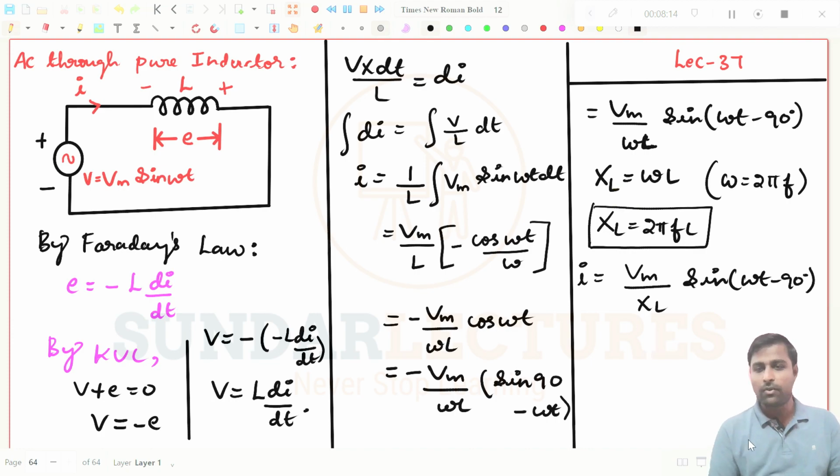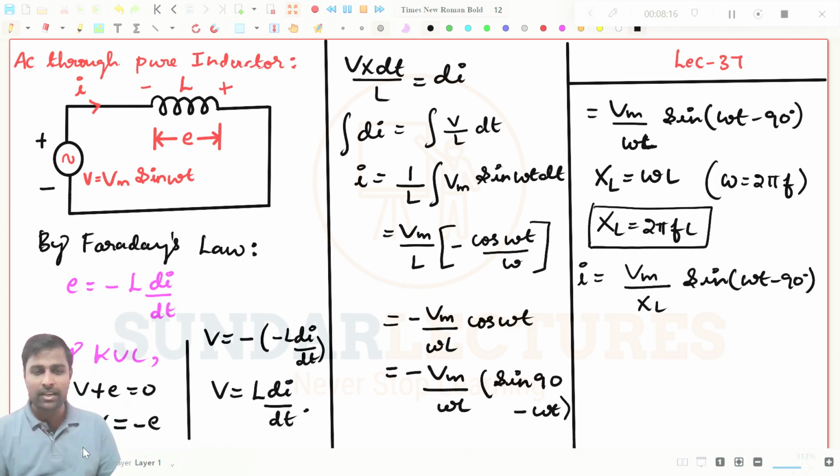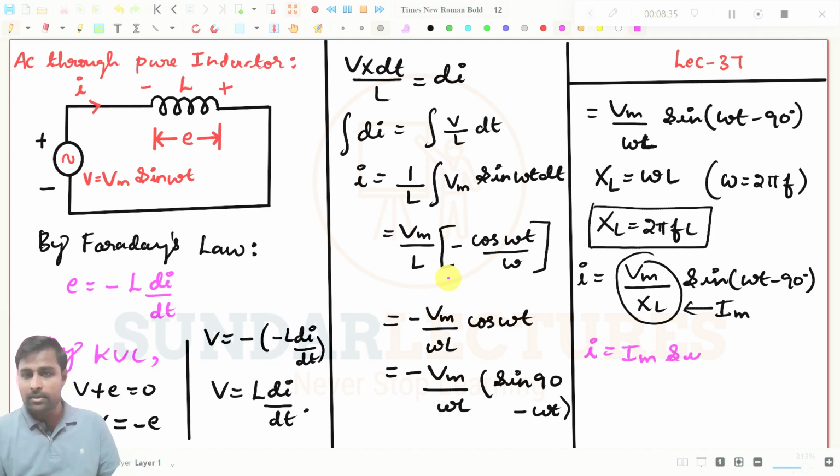Now I can simplify this value, which I am taking as Im. So finally, I is equal to Im sine of omega t minus 90 degree.